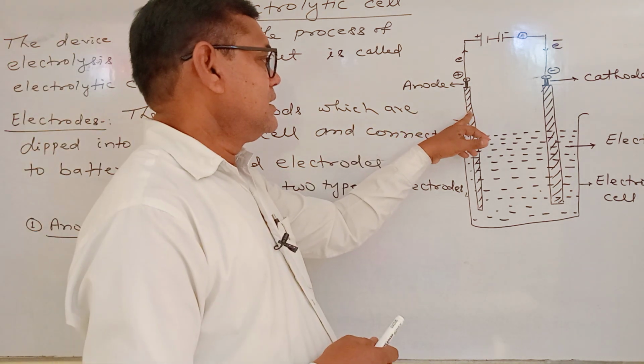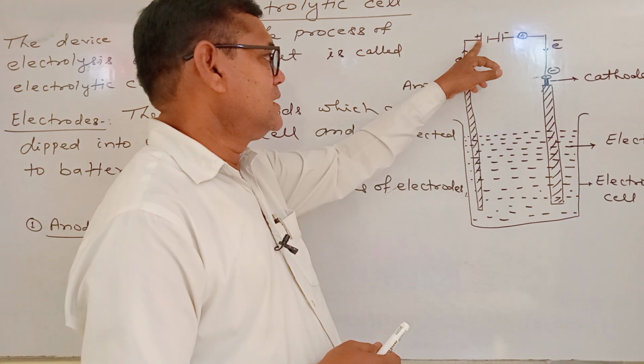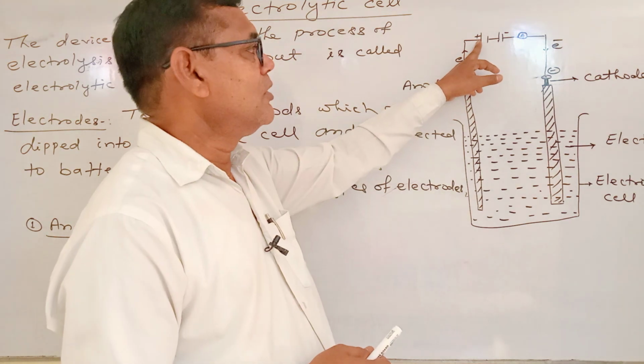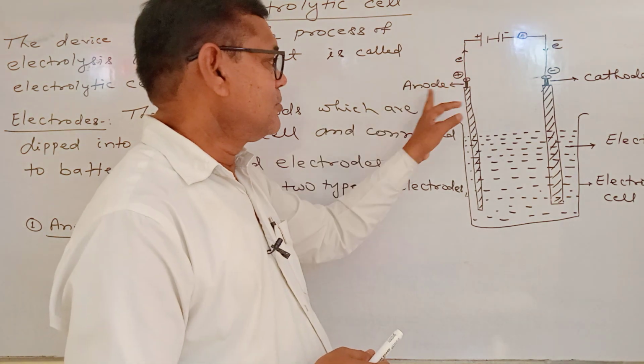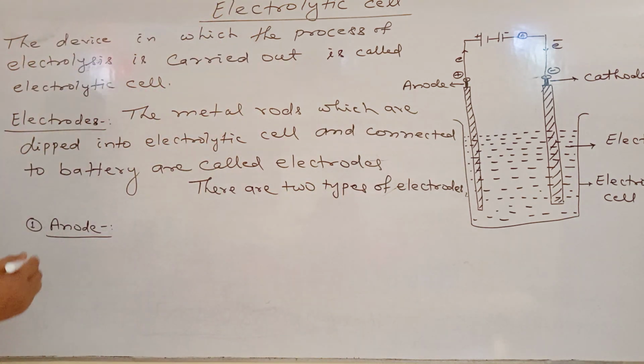This electrode is connected to the positive pole of the battery, therefore it is called anode.